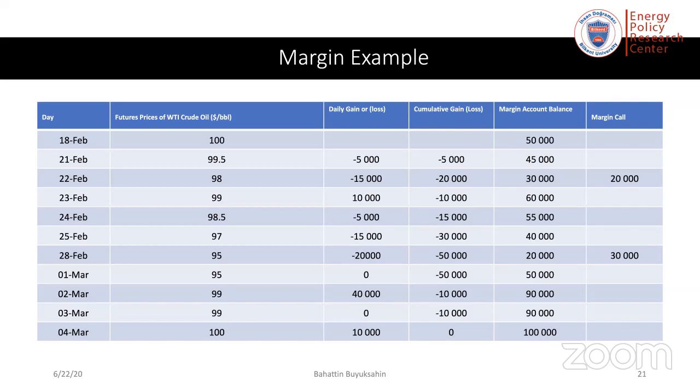Basically, it brings your margin account balance from $50,000 to $30,000.